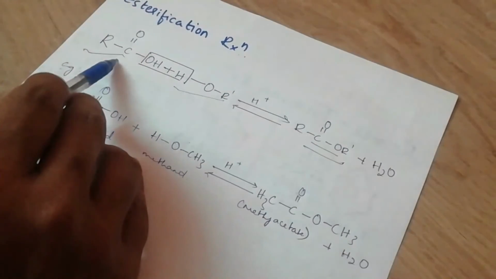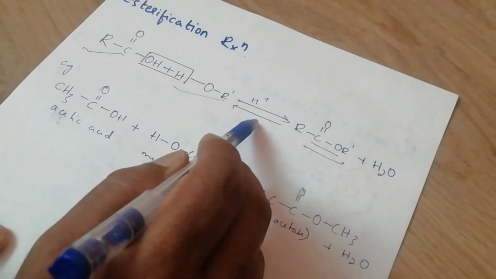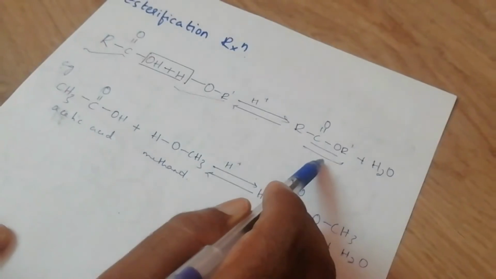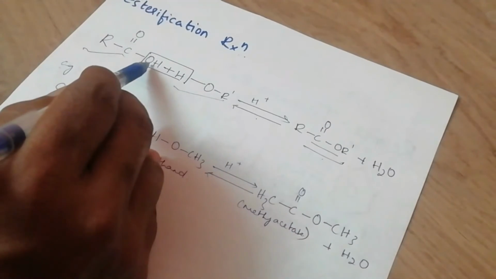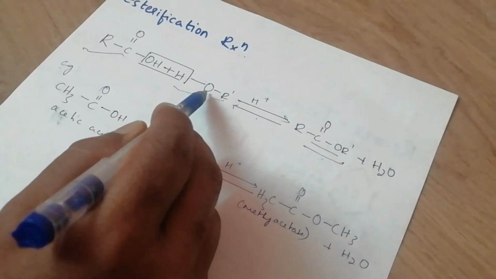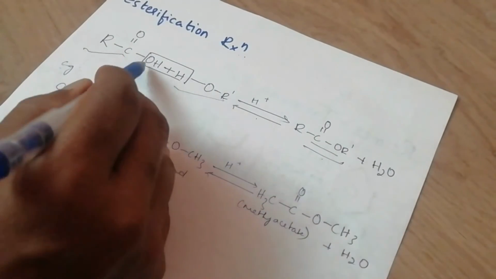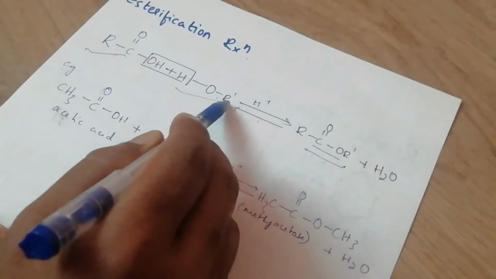When carboxylic acid is treated with any alcohol in presence of sulfuric acid, it gives ester. This is the esterification reaction. Here the reaction involves the OH group of carboxylic acid being replaced by the OR' group.